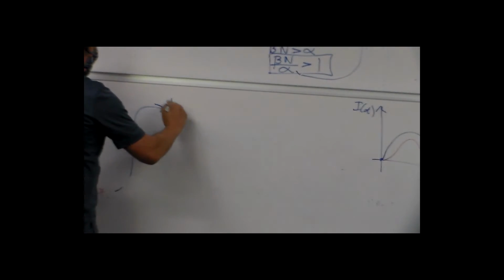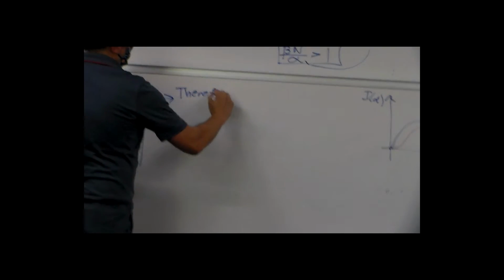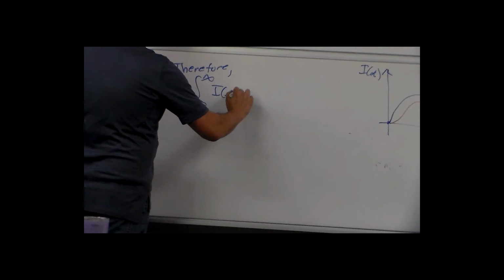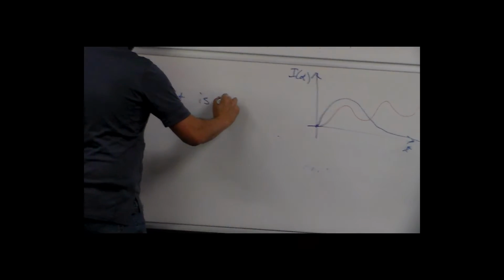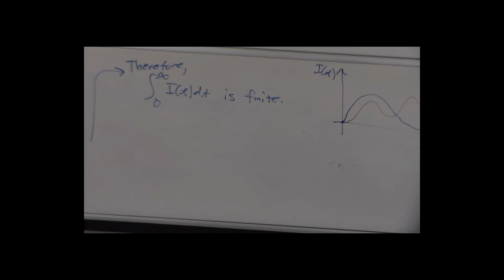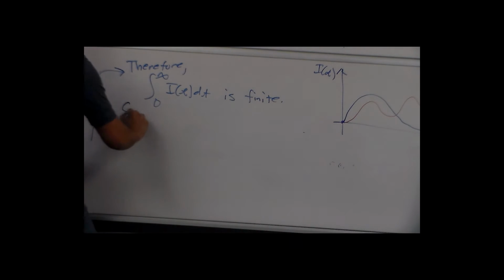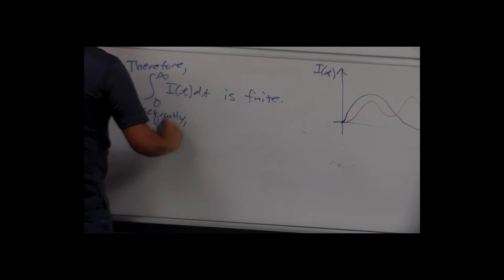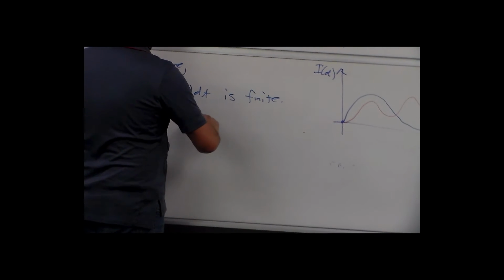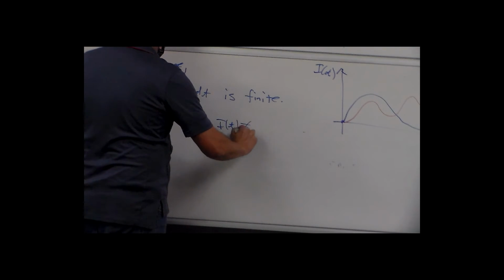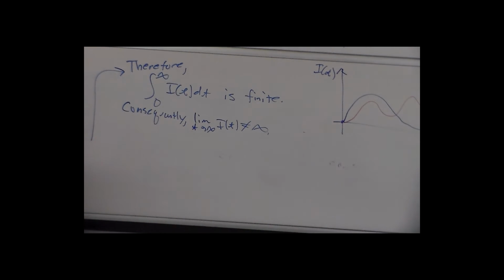Therefore, this integral is finite. Consequently, the limit as t goes to infinity of I of t cannot be infinity.